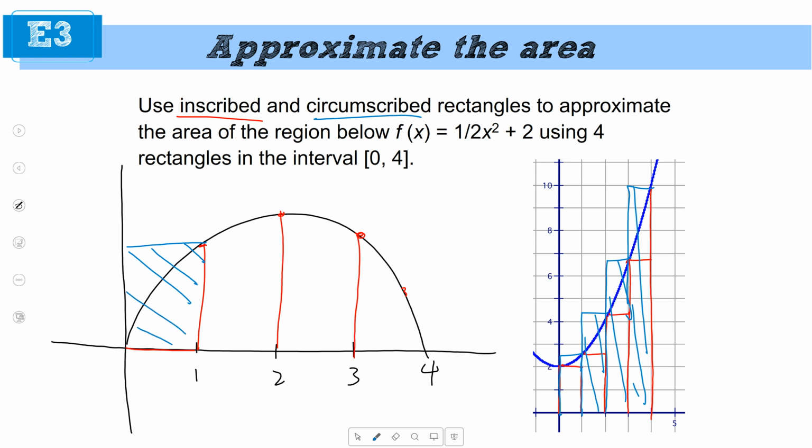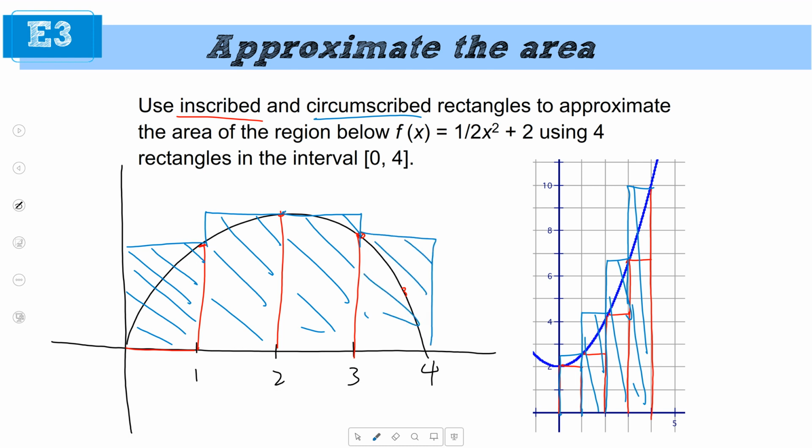There's my first rectangle, and it's circumscribed because it's above the function. This side comes across here. There's my rectangle. This one's got to come across the other direction to keep it above, and this one comes way over here. And because we did circumscribed now, we have a combination of right-hand rectangles. This is right hand, this is right hand, this is left hand, this is left hand, and left-hand rectangle.